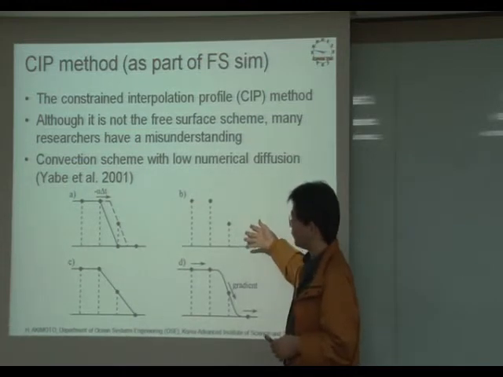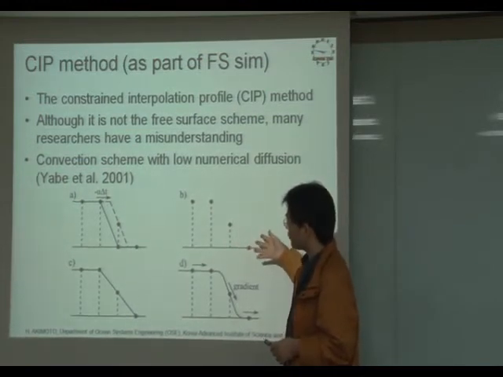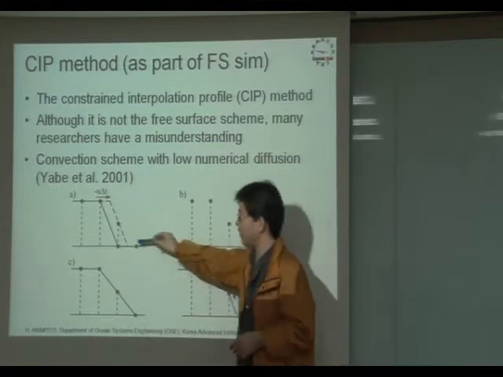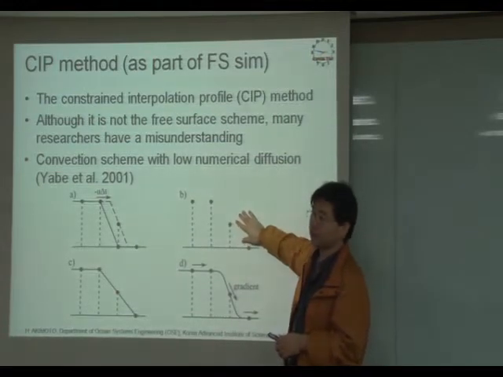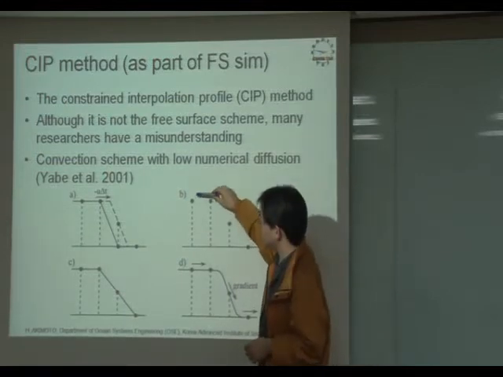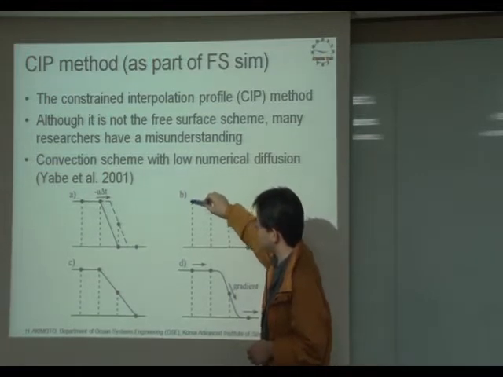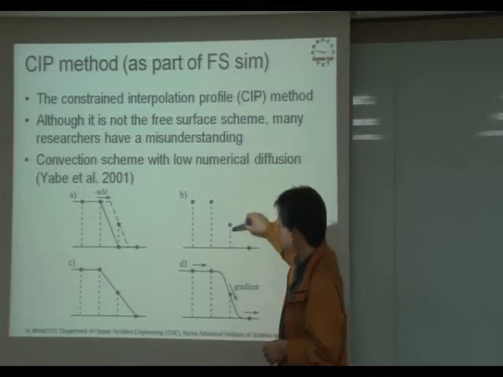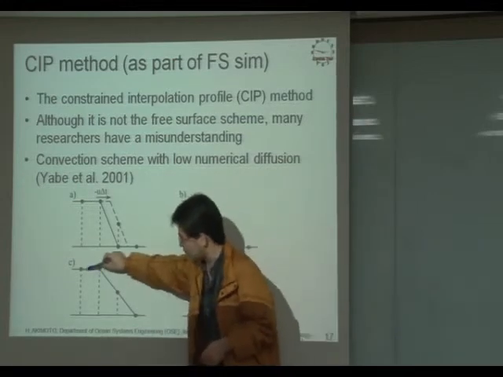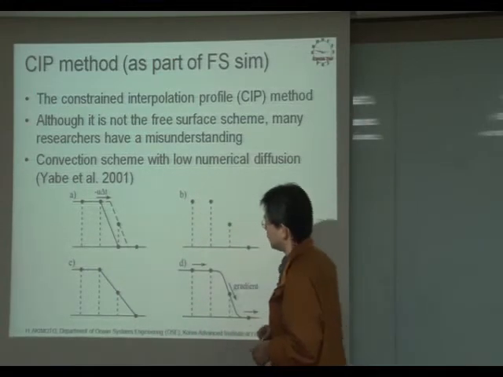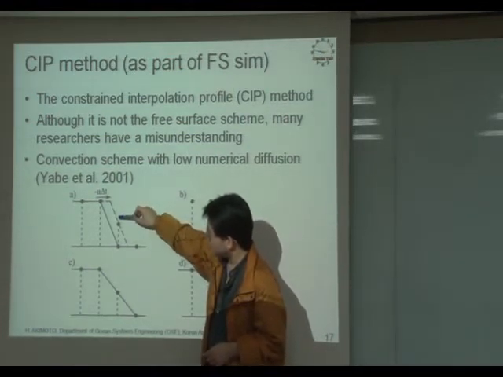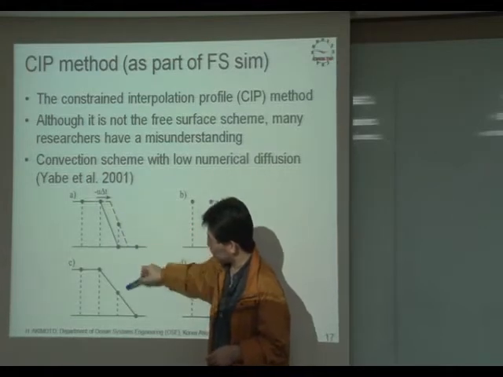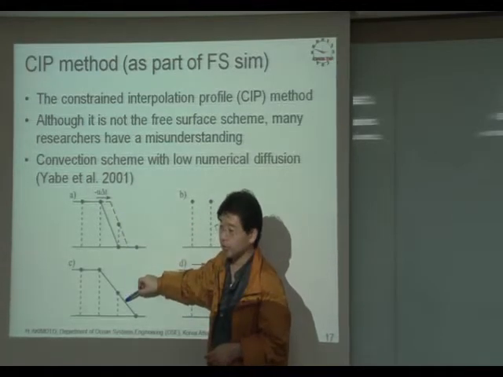We have to reconstruct the profile from this limited information. Naturally, the process is connecting these lines like this. So this is ideal convection, but we can get only this one.